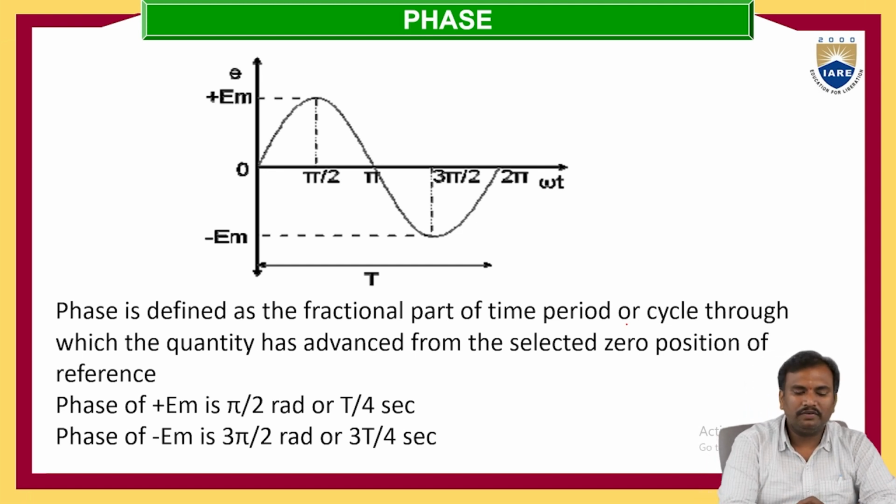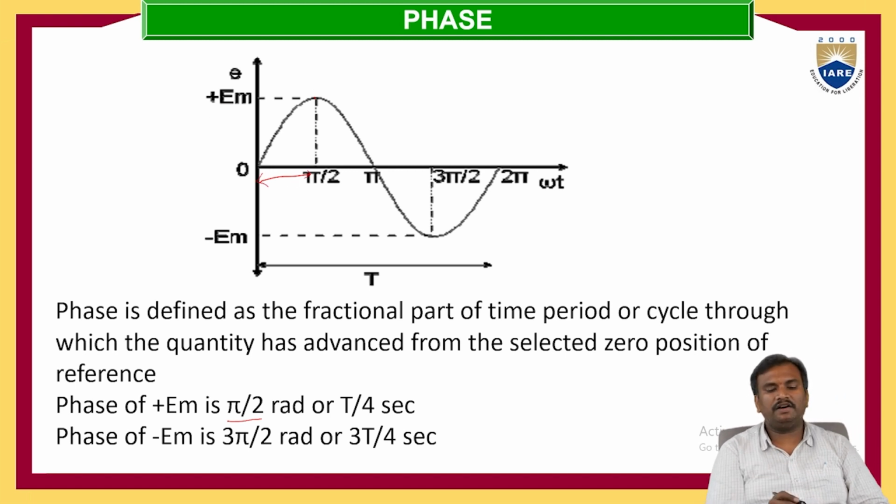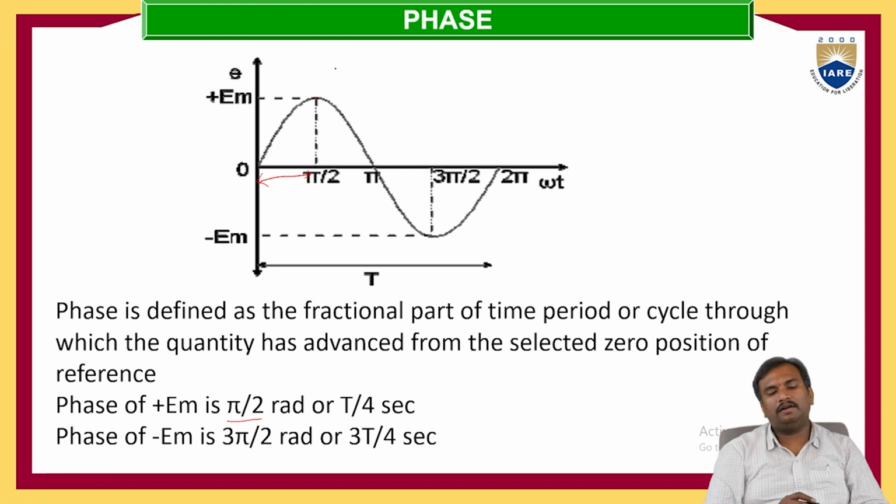Here, if you take the phase of plus Em, the phase of plus Em is pi by 2 radians. That is, after a phase advancement of pi by 2, plus Em has been reached.